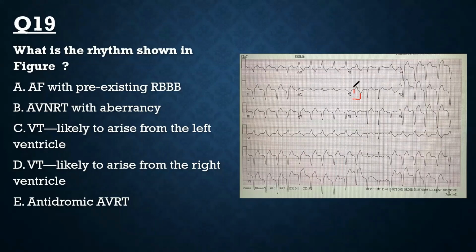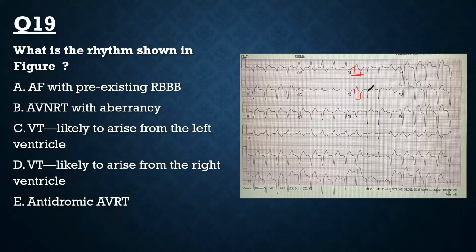The third thing is the Brugada sign, which is calculated in the rhythm strip from the beginning of the R to the nadir of the S. If this duration is more than 100 milliseconds, it is likely VT, because VT originates from the ventricle, so the impulse conduction runs through the myocardium.